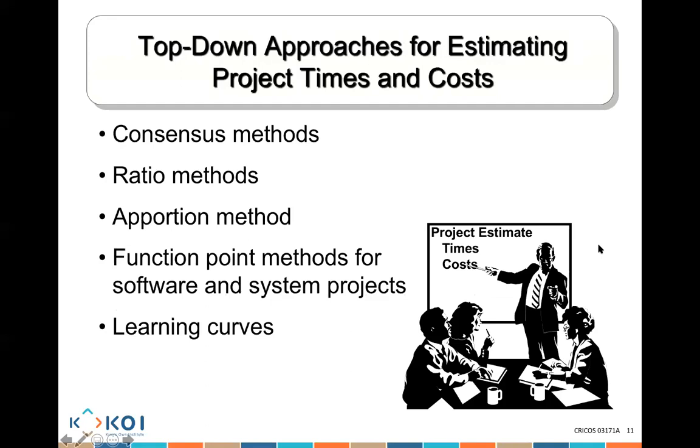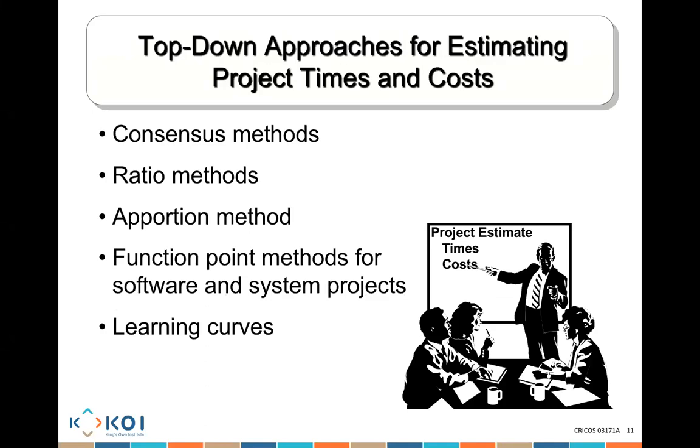When I talk about the top-down approach, there are many methods, and I'm not going to talk about every one of them. For example, there is the consensus method, where senior managers come and agree together that this project is going to cost $1 million based on their experience. The ratio method is more about having a certain amount of work at a specific cost.